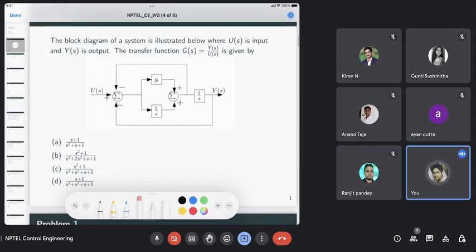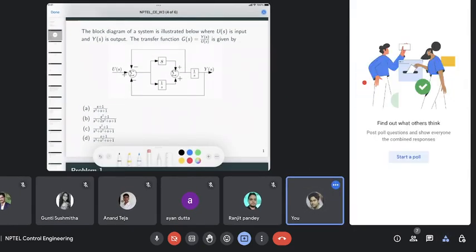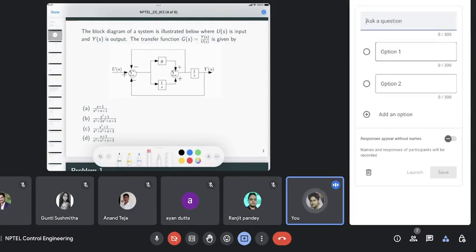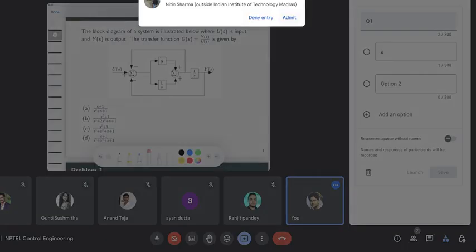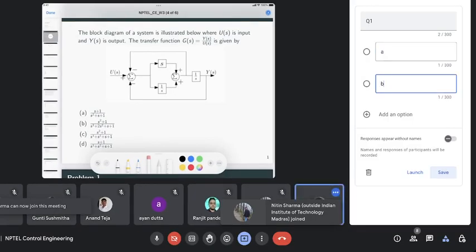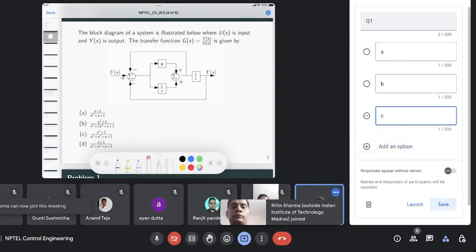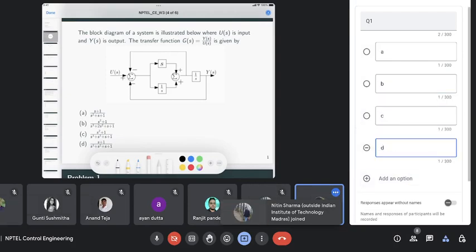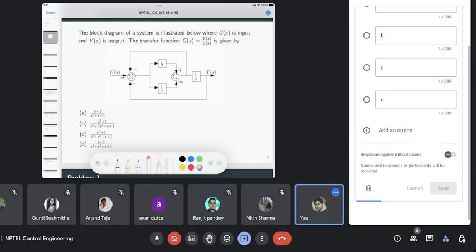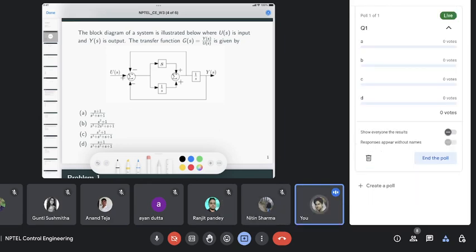You try first for the poll, then we'll discuss. You can use either block diagram reduction or the signal flow method. You can see the poll and take some time and answer, then we'll discuss this.